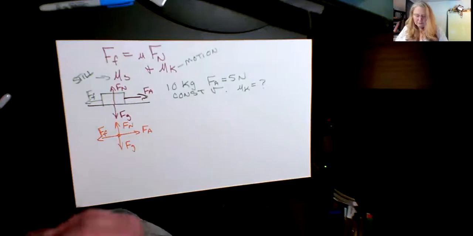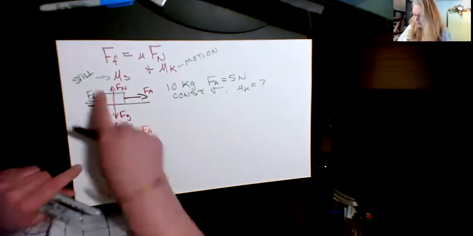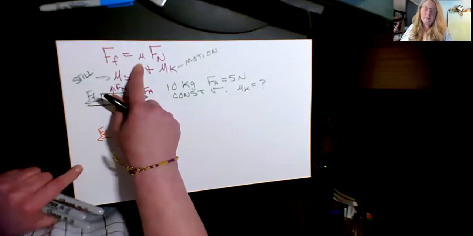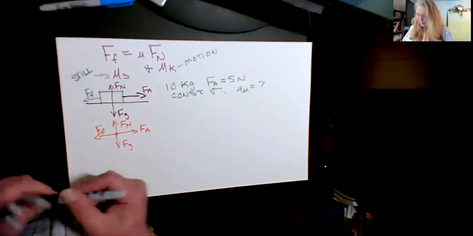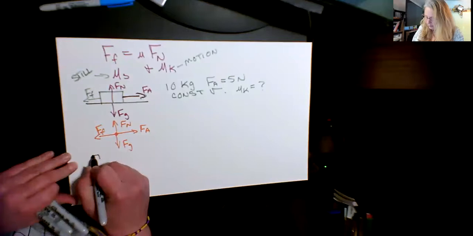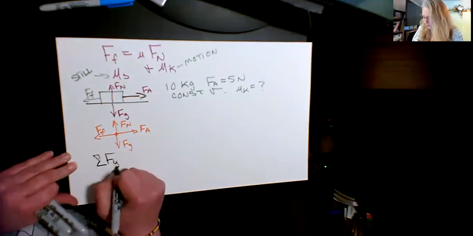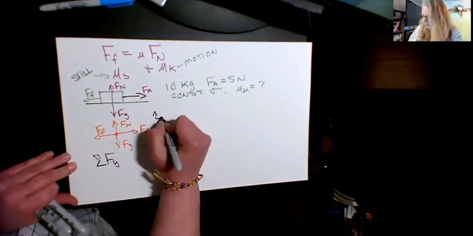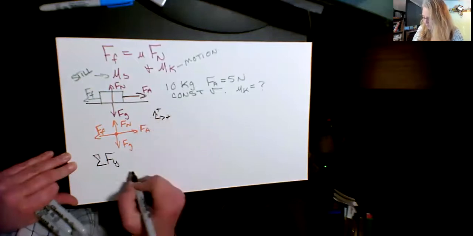Now let's decide what our sums look like. Remember, it's moving, so friction is defined in terms of its normal. So I need to make sure that I do a sum in both directions. Let's just do the standard: up and to the right is positive.